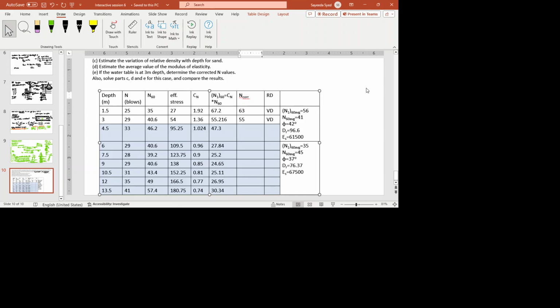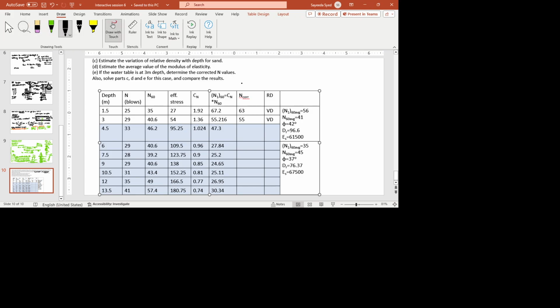The dilatancy correction is applied after we have corrected for overburden. So N160 has to be calculated, and in N160 we get an N1-60.